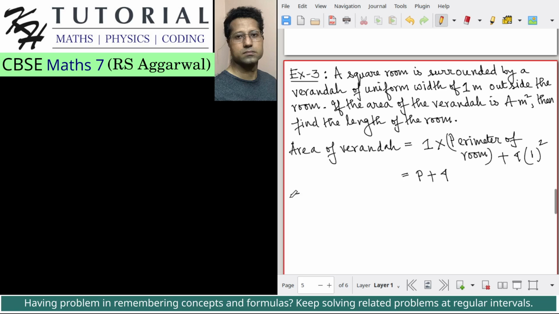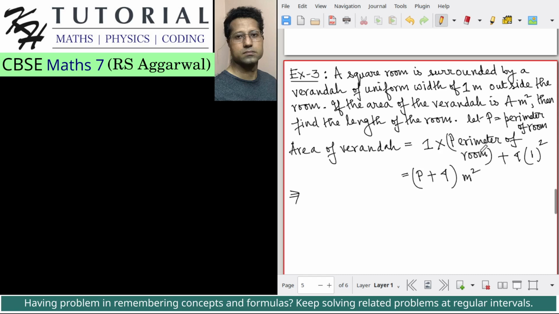So the area must be p plus 4 meter square, where we are denoting p as the perimeter of the room. The formula is x into the perimeter of the plot, here the perimeter of the room, and x is 1.